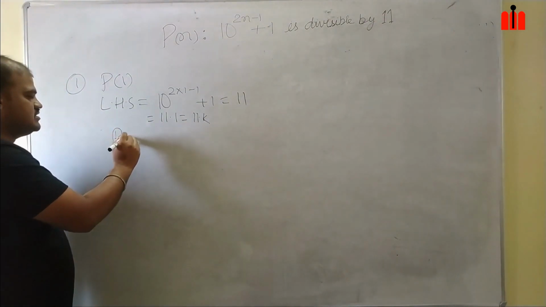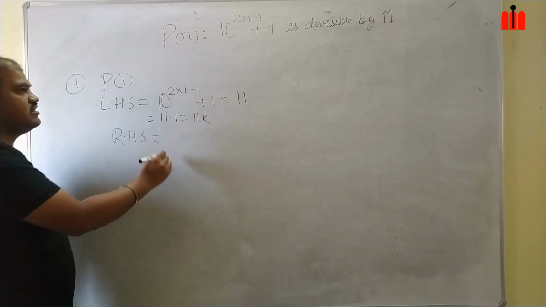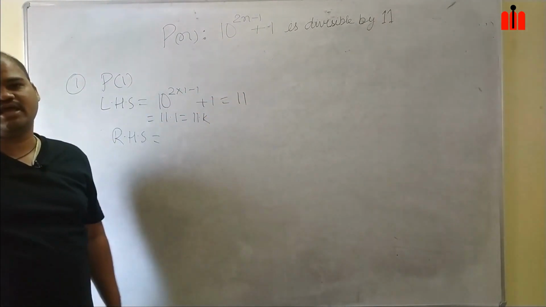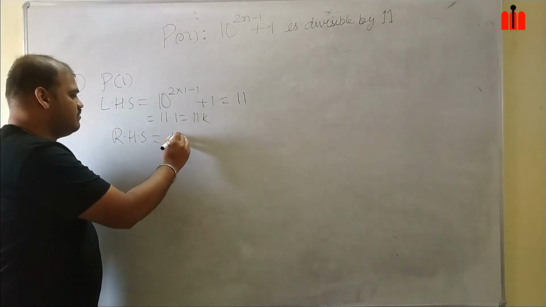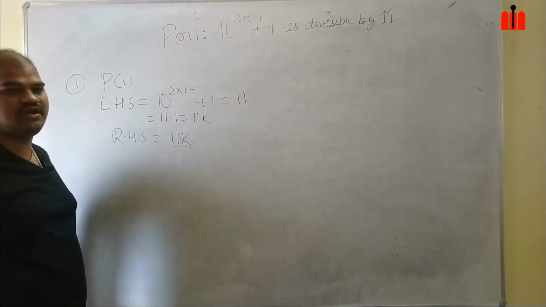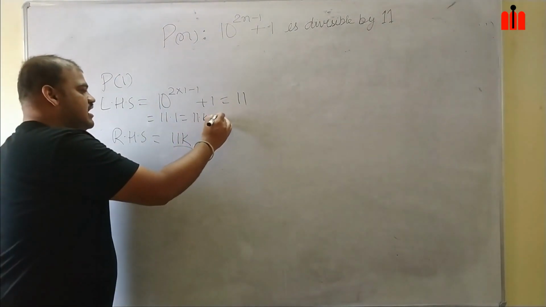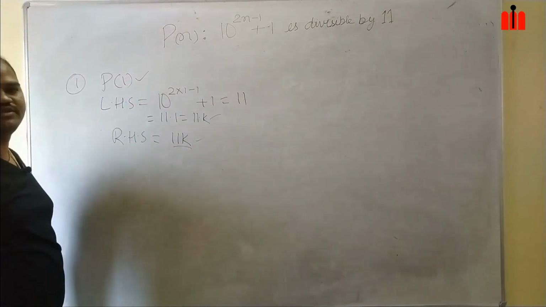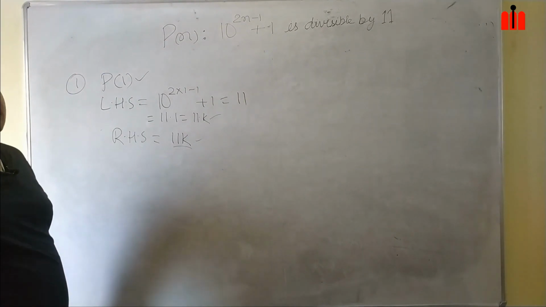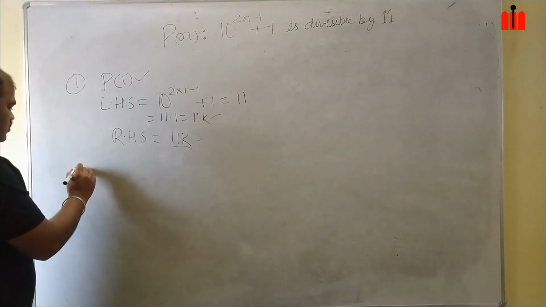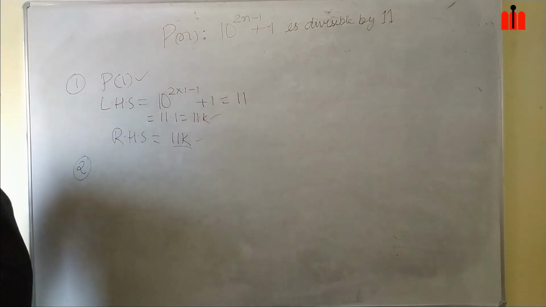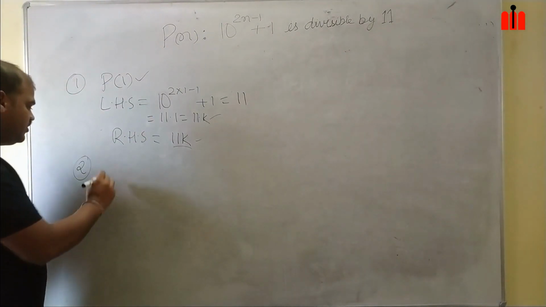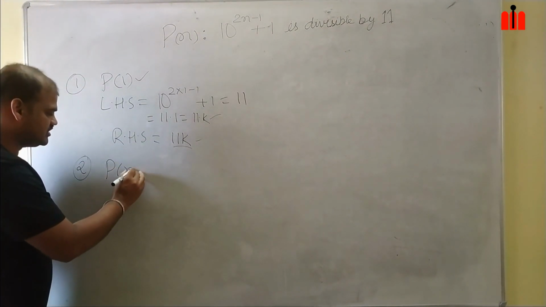What does my RHS say? My RHS says that this entire expression is divisible by 11. That means it should be in the form of 11k. So my LHS and RHS both are equal, which means my P1 check is done for this sum. Now let's come to our assumption step, where we come up with a concrete statement.